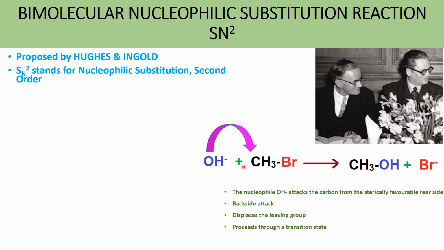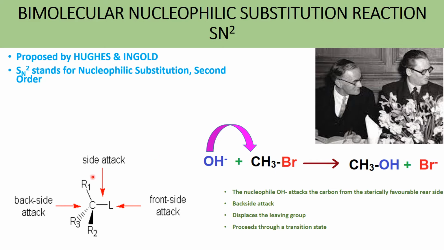The OH- attacks the rear side of the substrate molecule, that is, the nucleophile attacks the carbon from the sterically favorable rear side or the backside attack, which displaces the leaving group. Here you can see the three types of attack when a nucleophile attacks the substrate. This is a backside attack of the molecule, this is the side attack, and this is the front side attack.